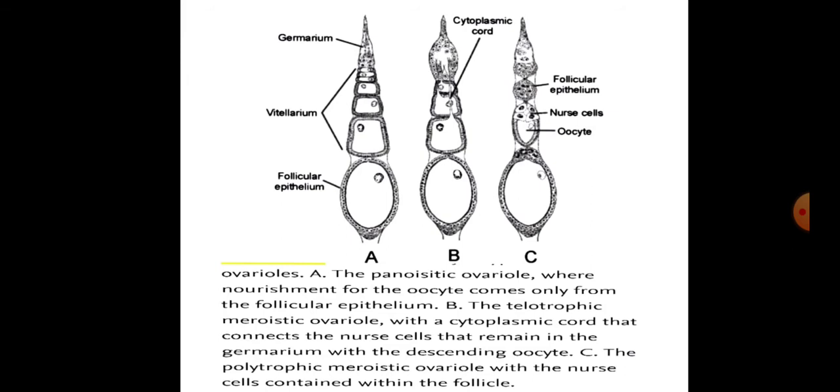B. The telotrophic meroistic ovariole, with a cytoplasmic cord or cytoplasmic strand that connects the nurse cells or nutritive cells that remain in the germarium with the descending oocyte. And C. The polytrophic meroistic ovariole, with the nurse cells or nutritive cells contained within the follicle.